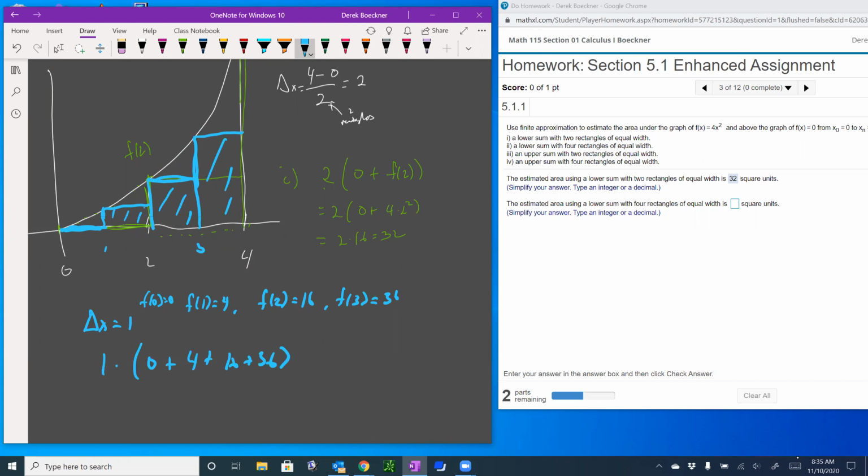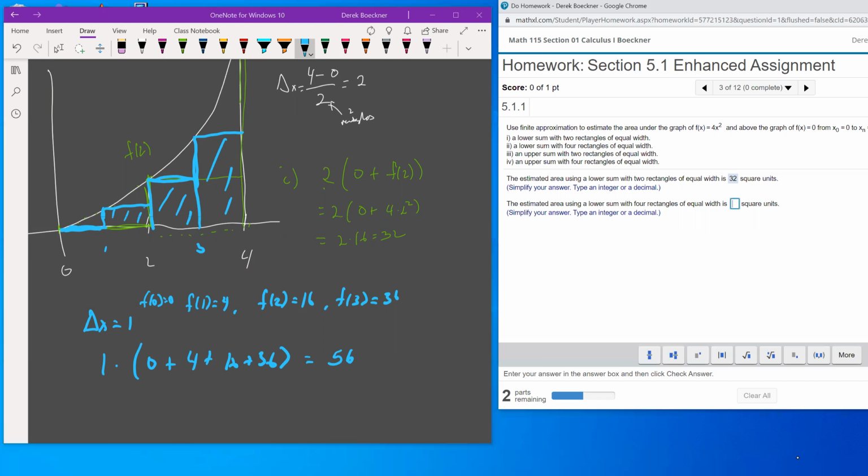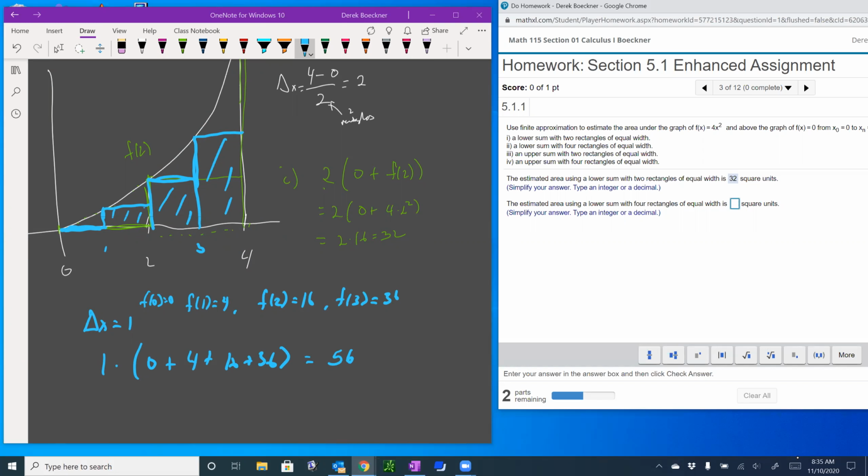That's going to be my areas under those 4 rectangles. So my left-hand estimate is 1 times 4 plus 16 is 20 plus 36 is 56. So my lower estimate using 4 rectangles is 56.